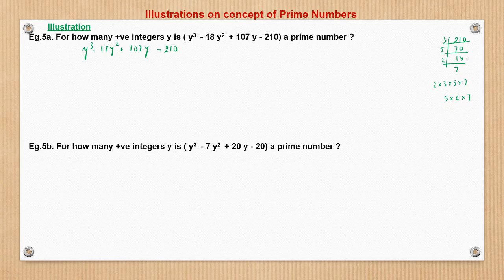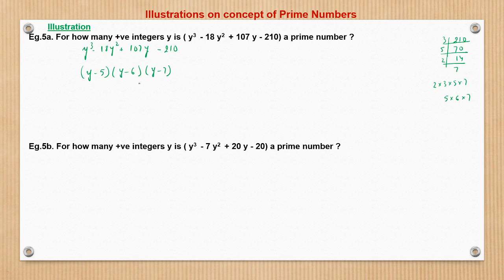So 5 into 6 into 7 is 210, and the sum of the roots, 5 plus 6 plus 7, is 18. And 2 at a time, if we take 5 6 are 30, 42, 72, and then 35, that gives 107. So 5, 6, 7 are the roots. So this we can break as (y minus 5) into (y minus 6) into (y minus 7).